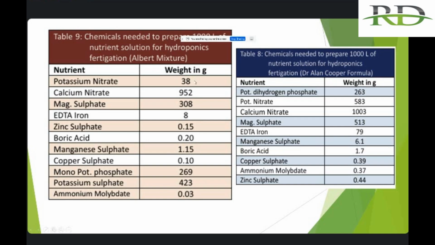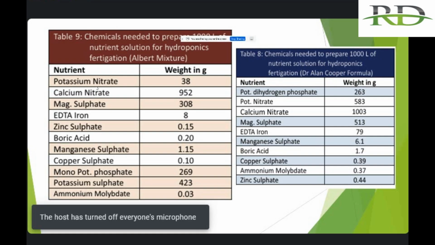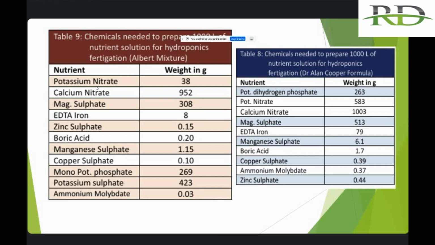So everything is understood, and you should not mix everything together. Put in the calcium nitrate, magnesium nitrate, iron, zinc sulfate, and then start mixing. These nutrients should be mixed separately. Let everything mix completely. Then you can slowly release it into the 1000 liters, and you have to make up the volume to 1000 liters.